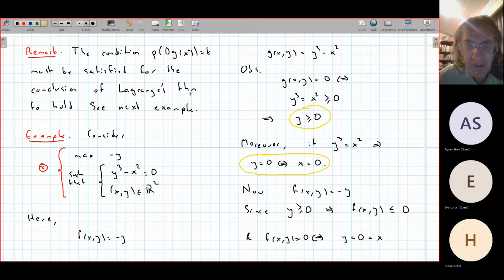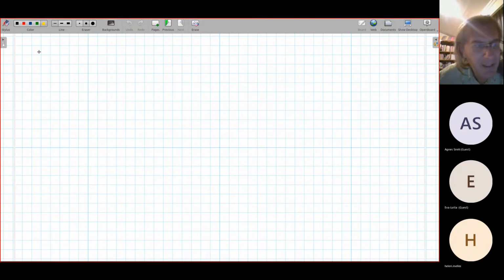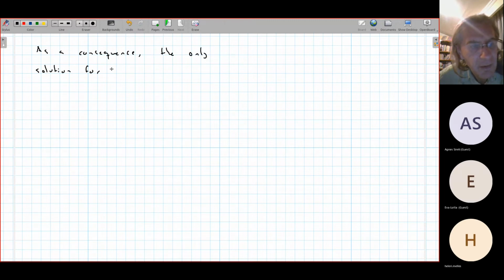Okay. So as a consequence, the only solution for the problem star is the point x star comma y star equal to 0 comma 0.